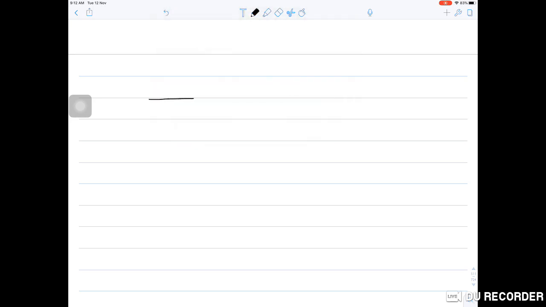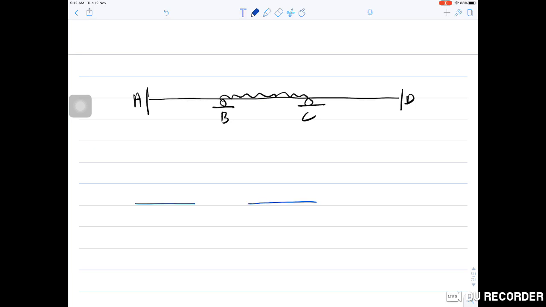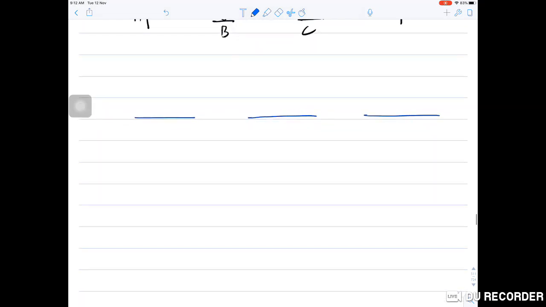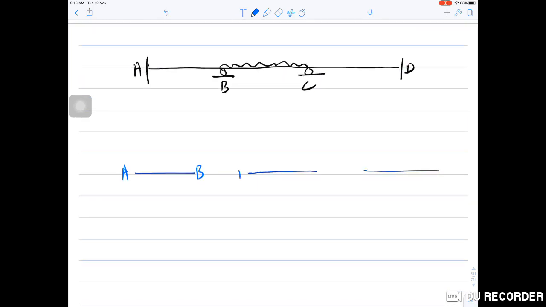Let's say we have a continuous beam A, B, C, and D. If I want to draw the free body diagram of this beam, I have three members: member AB, member BC, and member CD.